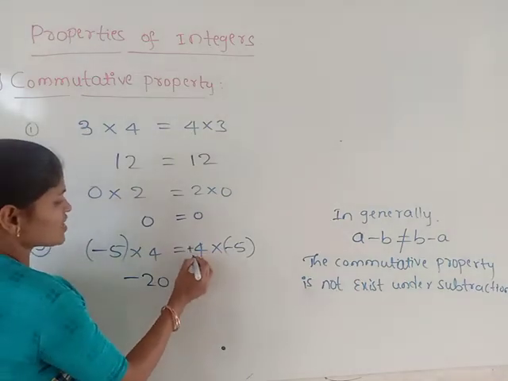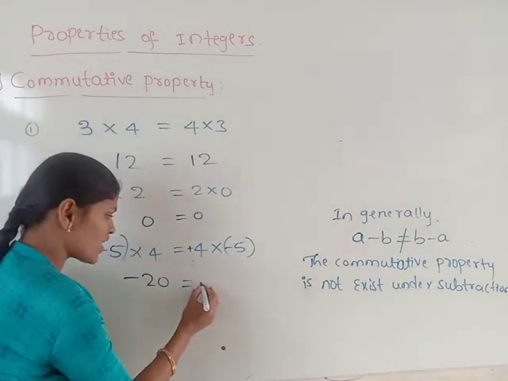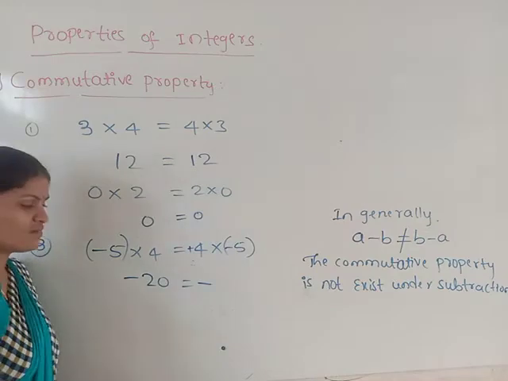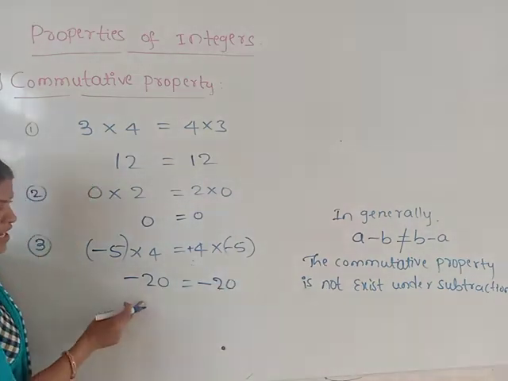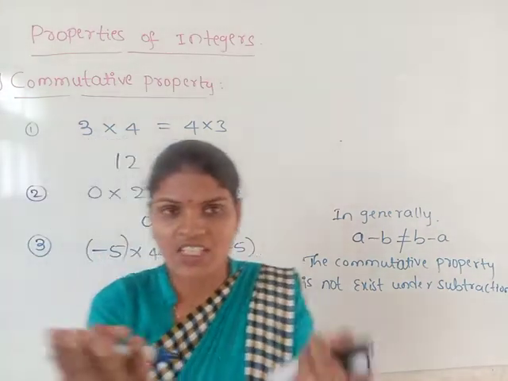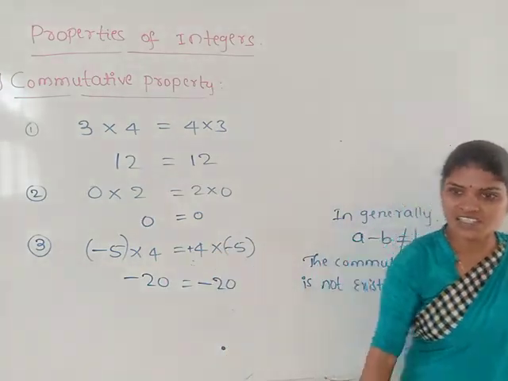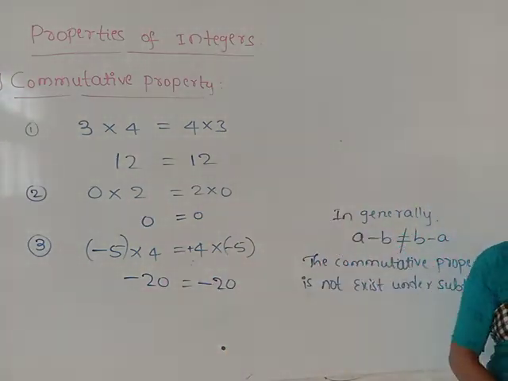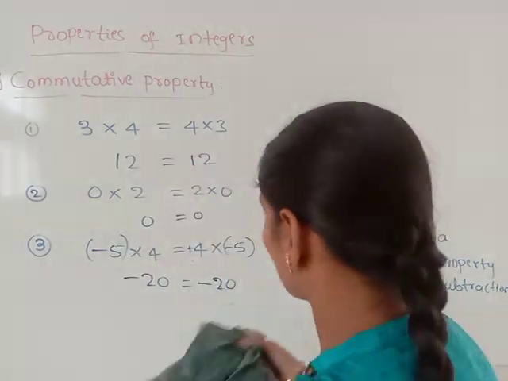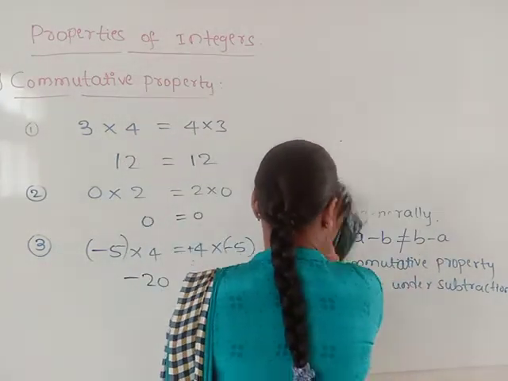And here plus into minus is also minus, 4 fives are 20. Both sides are minus 20. Are these two equal here? Yes, obviously.